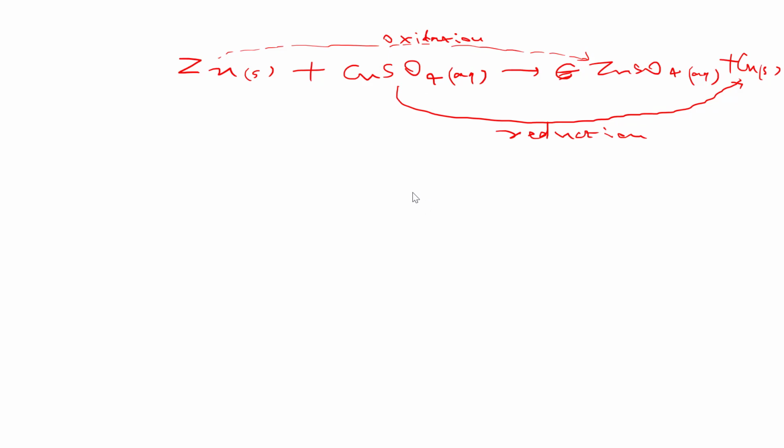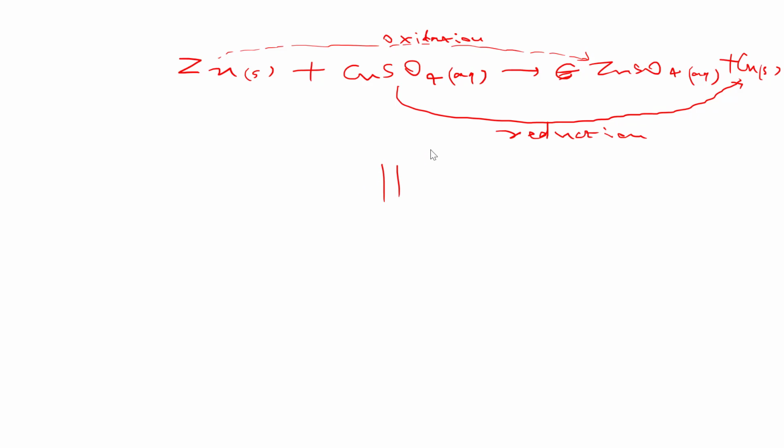So now we are representing this cell according to IUPAC notation. Then what we are doing? First we draw these two lines. Now just near to this salt bridge in the left hand side, here we mention the electrolyte or any aqueous species that is present in the anode half cell.